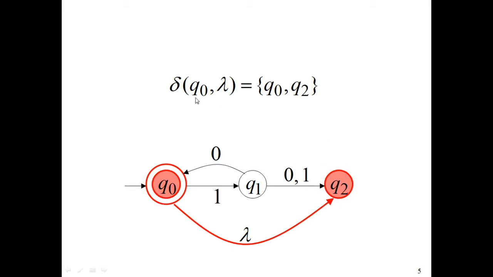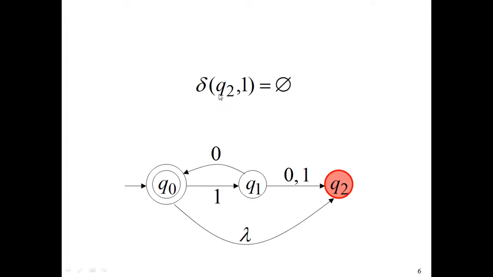Then transition of Q0 lambda, which we call the epsilon transition. Looking at the diagram, for Q0 lambda the arrow goes to Q2, and as we know already, the epsilon transition will include the state itself. So the transition function of Q0 lambda is Q0, Q2.